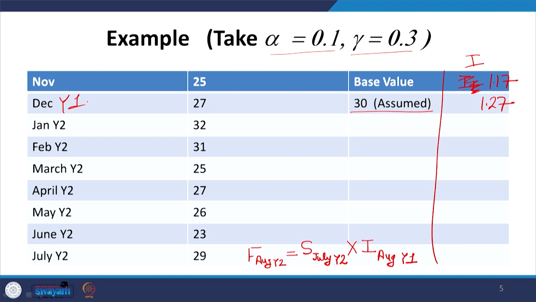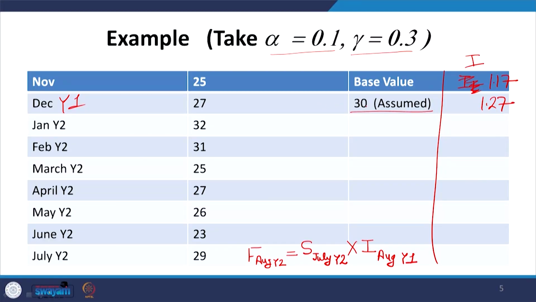I am assuming, just to simplify the calculation, there is no other purpose, I am taking the base value for December Y1, so that we can shorten our calculation process. Now, when we are assuming the base value for December, I am just demonstrating how we calculate the forecast for January.